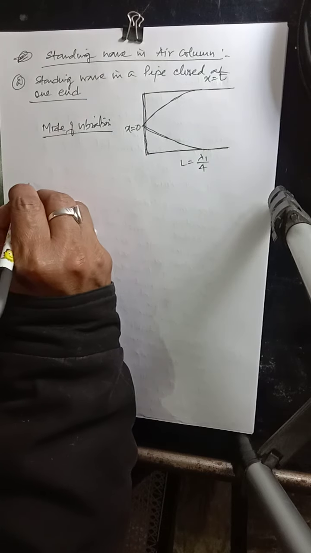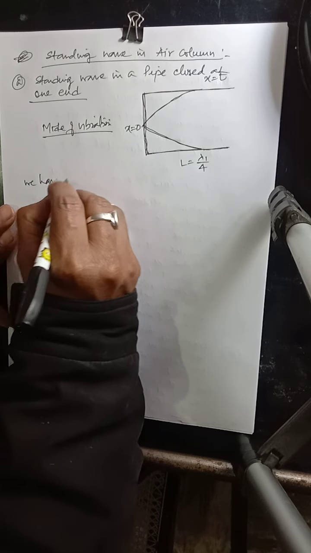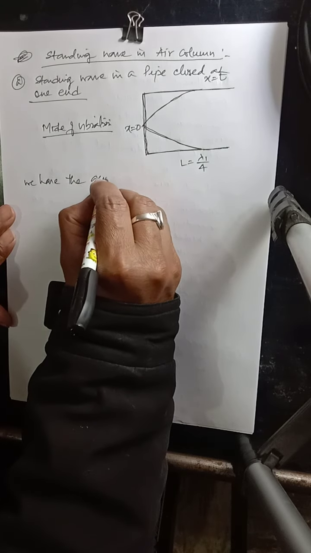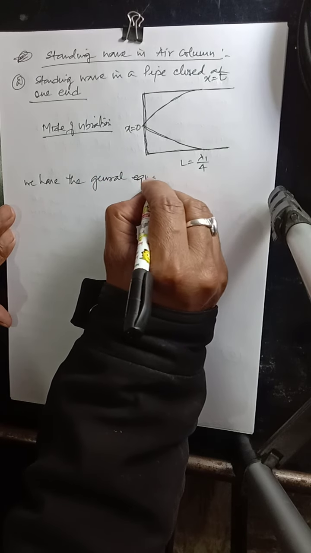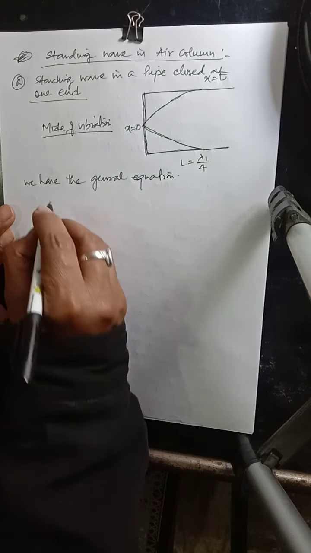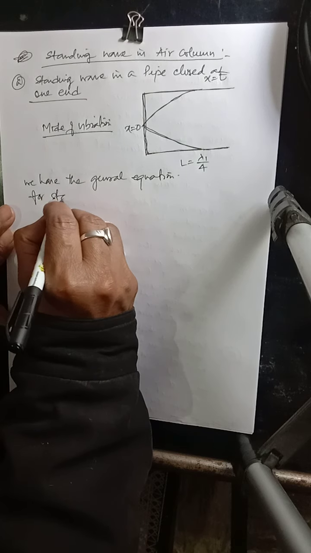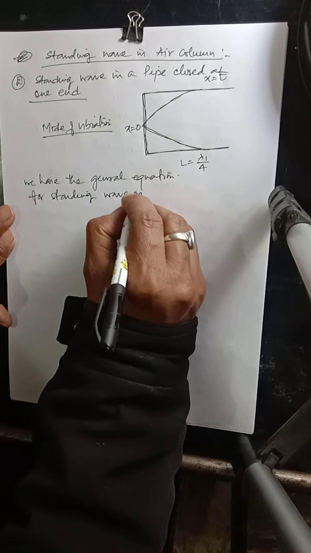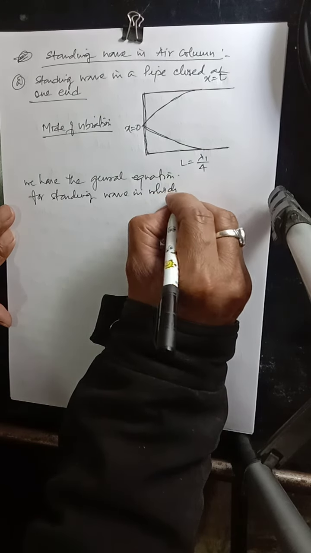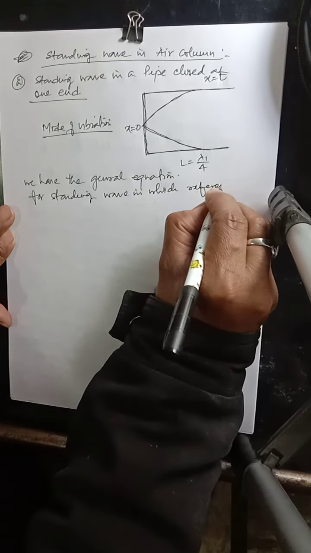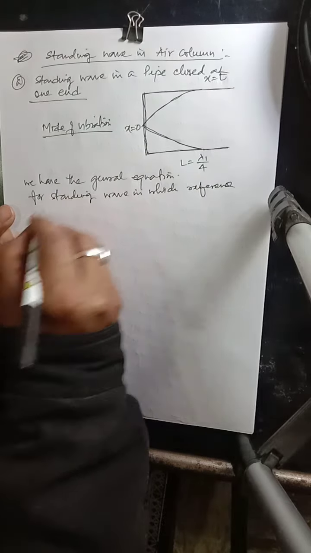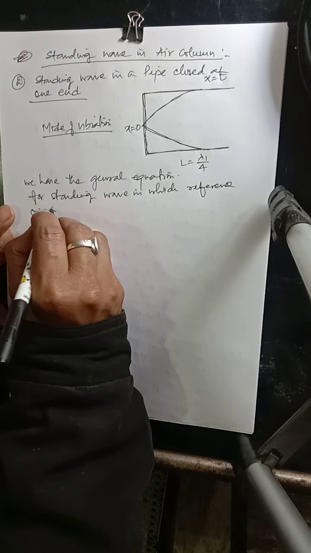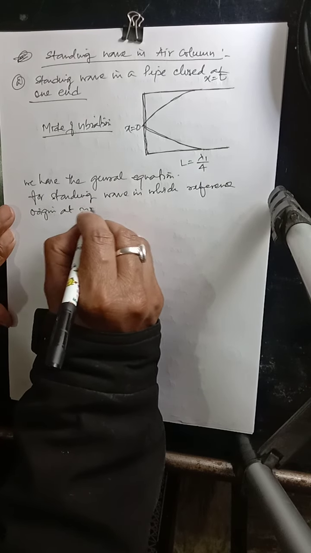Now we have the general equation for a standing wave in which the reference origin is at a node.